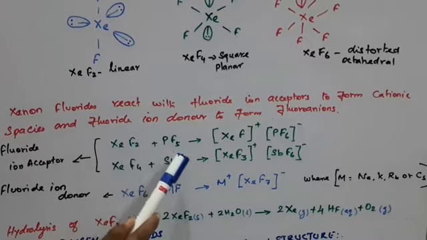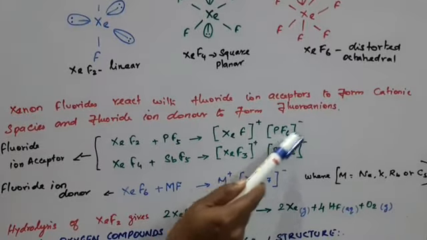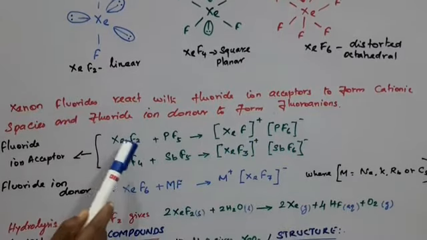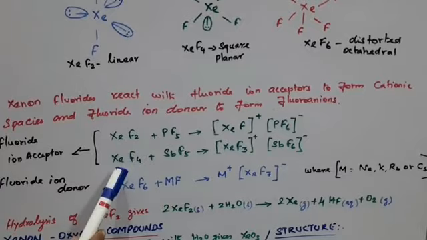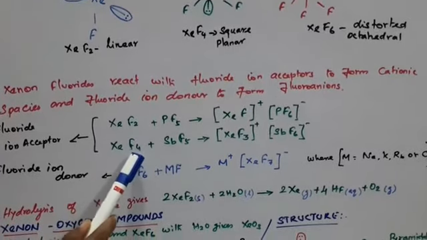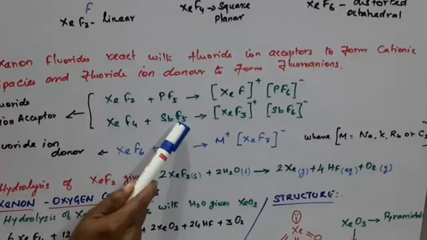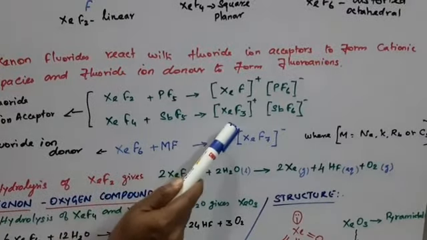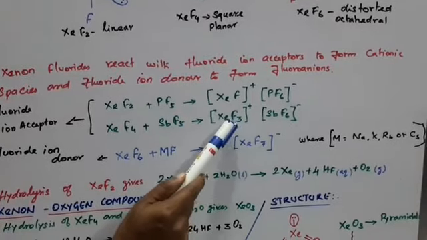Okay, so it accepts to form phosphorus hexafluoride anion and this is XeF plus cationic species. Okay, and also XeF4, xenon tetrafluoride plus antimony pentafluoride accepts the pair of electrons to create the cationic species.